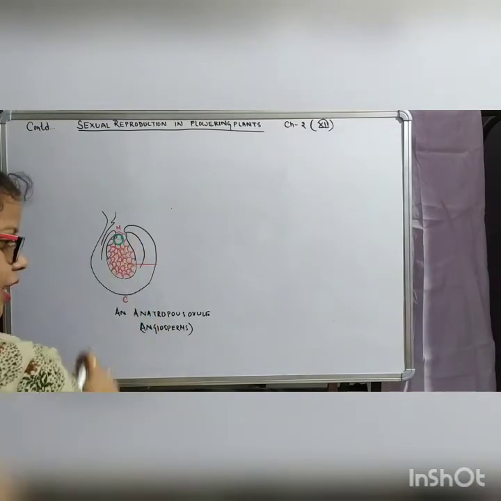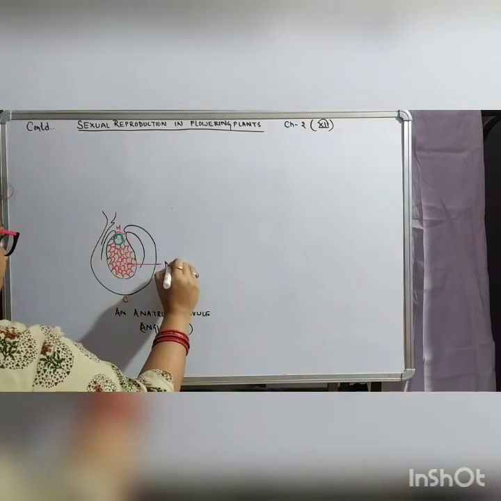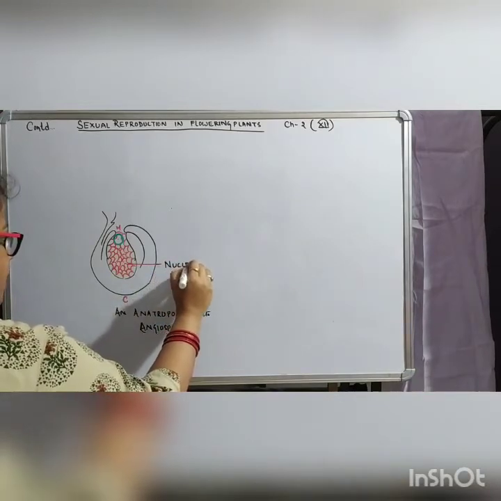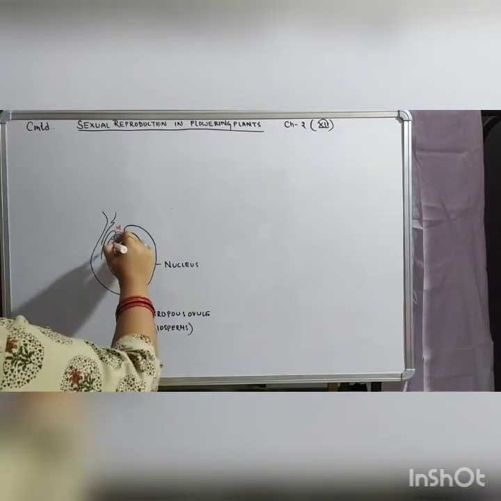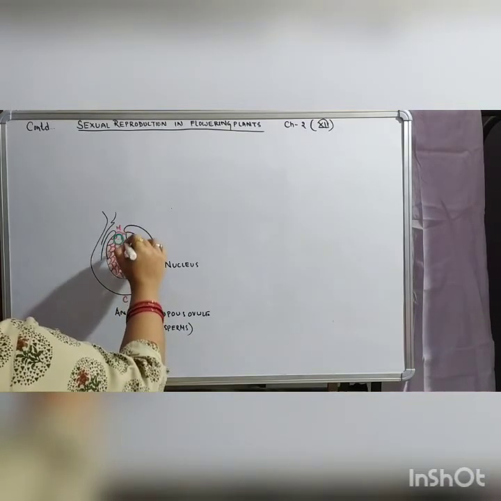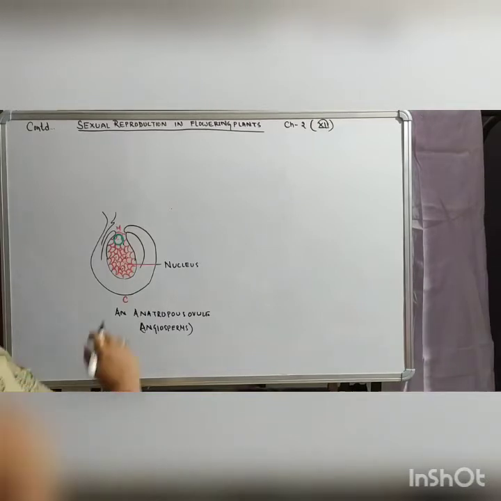This red colored layer is very soft tissue, that is nucellus, and the nucellus is protecting the inner mass. What is this portion? It's the embryo sac, the developing embryo sac, which we are going to get.